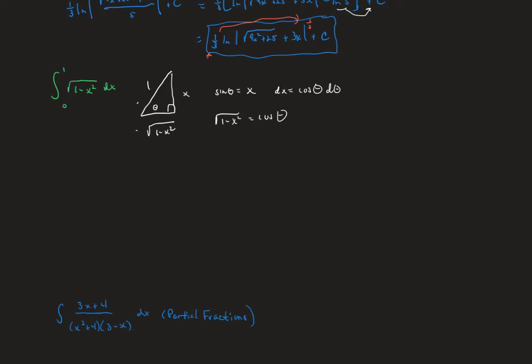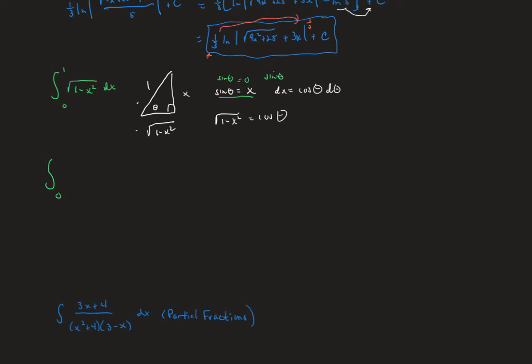And just for the practice, let's see if we can change our limits to theta limits. So if we have that 0 is equal to x, that means that theta, sine of what angle would be 0, is going to be 0.